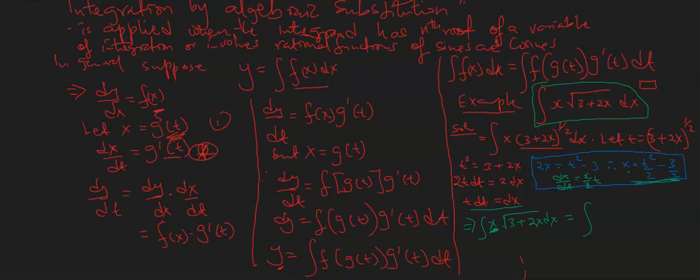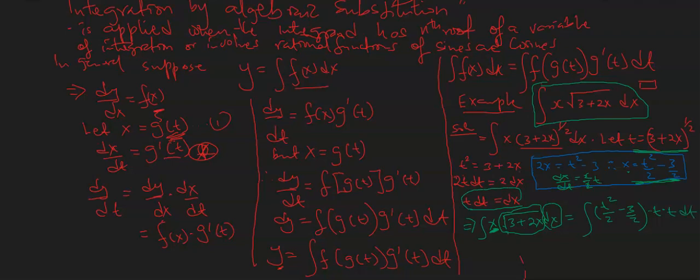You can see why we had to make x the subject. So t squared over 2 minus 3 over 2. And then remember the root of 3 plus 2x is equal to t. And then dx is the same as t dt.